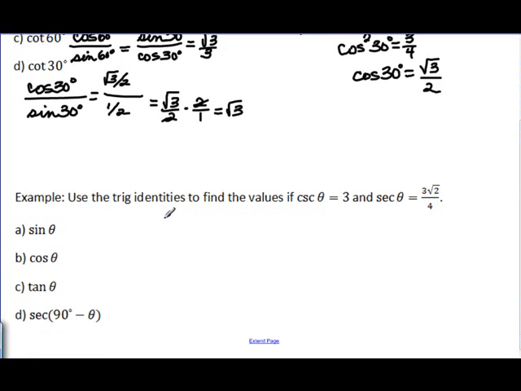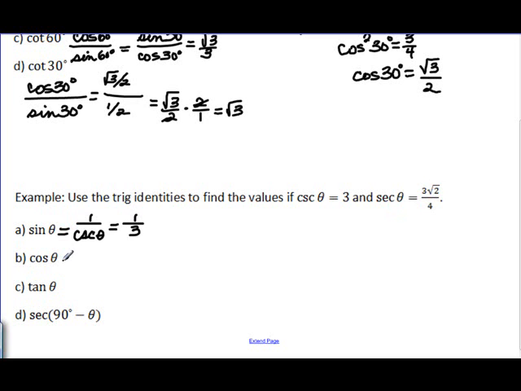Now, let's use the trig identities to find the values. If cosecant theta is 3, and secant theta is 3 times the square root of 2 over 4. So what would sine of theta have to be here? Well, sine is defined to be 1 over cosecant of theta. So we're talking about 1 over 3.